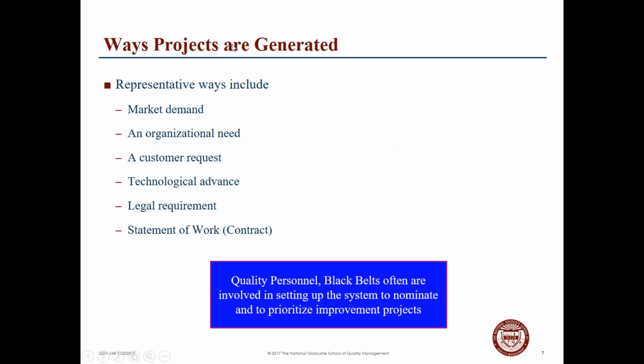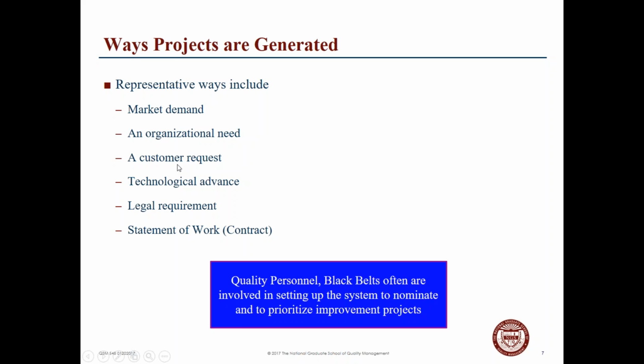So some of the ways in which projects are generated: there may be a market demand that has caused a need for an improved process or a new product that causes the need for a project. There's been a need identified within the organization for an improvement or a change.